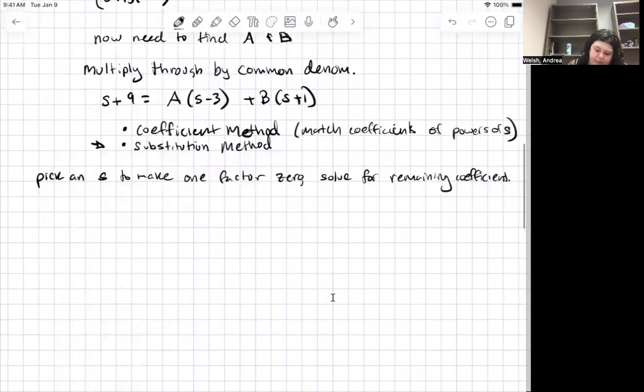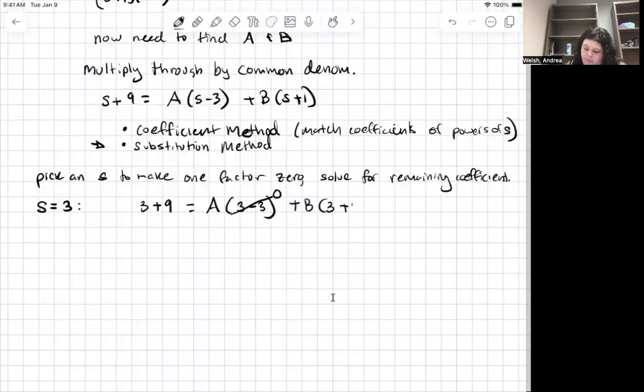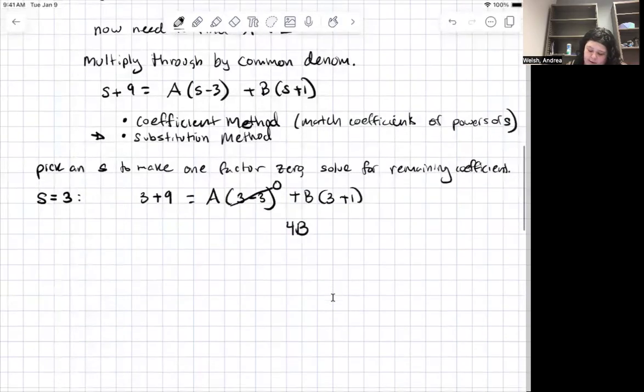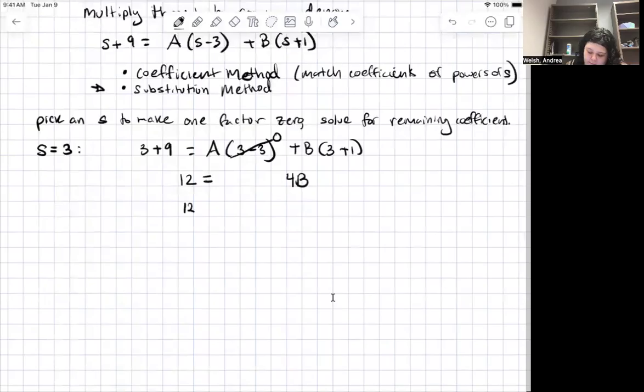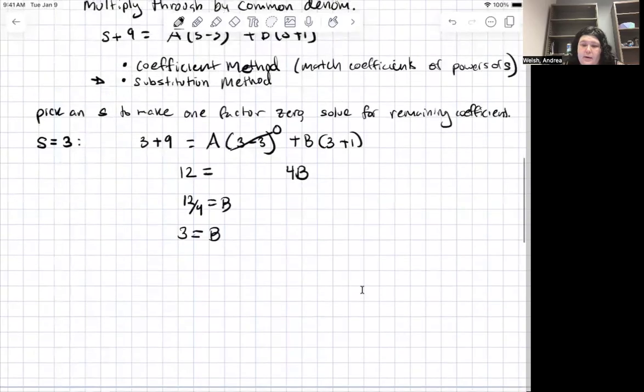In this case, if I pick s equals 3, then I get 3 plus 9, I'm just going to plug it in, equals A times (3 minus 3), that's the factor of 0 that I want, plus B times (3 plus 1). Now we can see that it's very easy to solve for B because there's no A, and we can just divide, and B equals 3. Great.